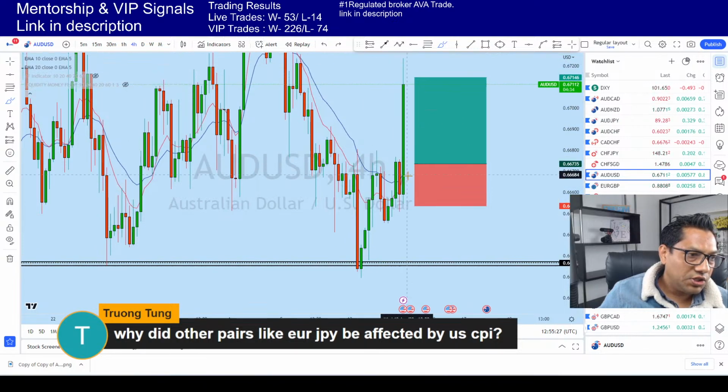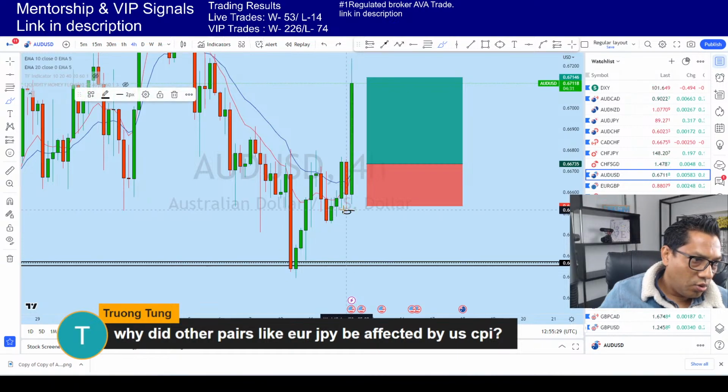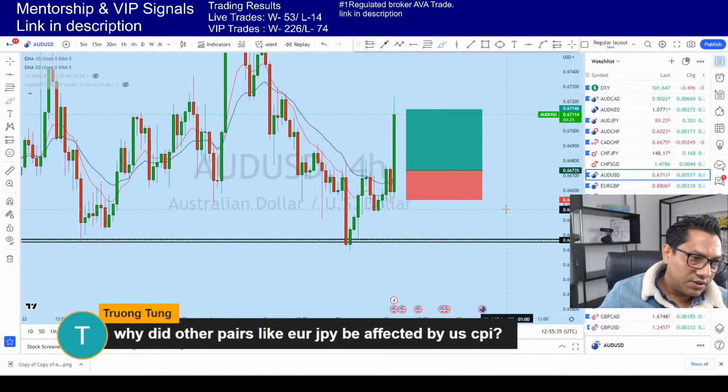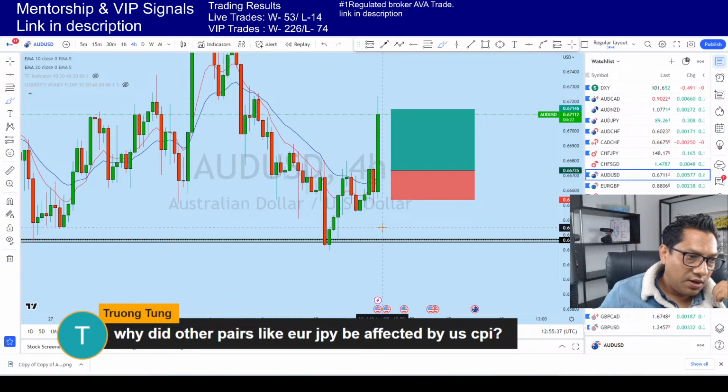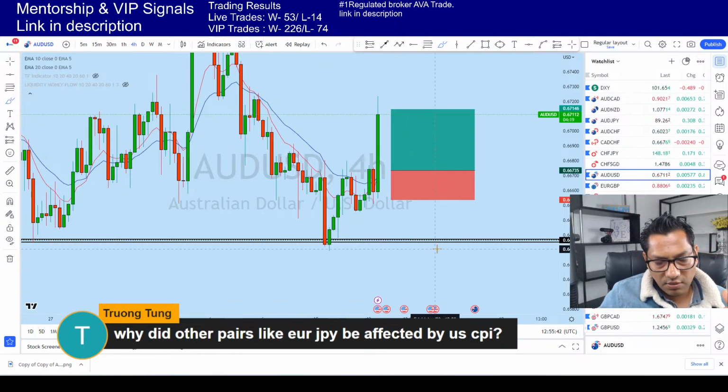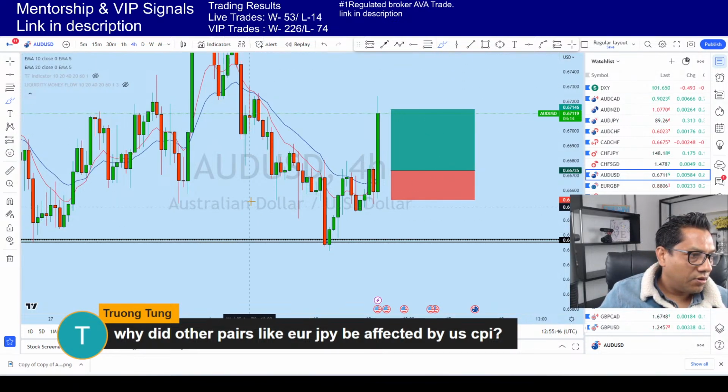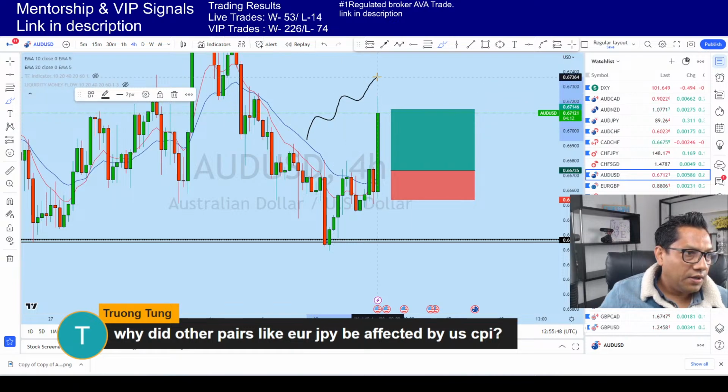Now this is where I looked at how the market is likely to be moving, because as I mentioned in our yesterday GBPUSD trade as well, when you look at a trend, in an uptrend look for a series of higher lows, okay.